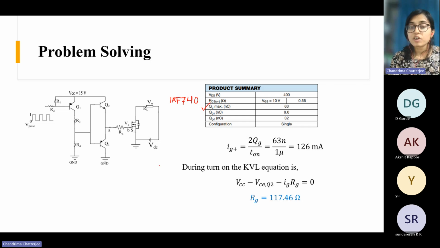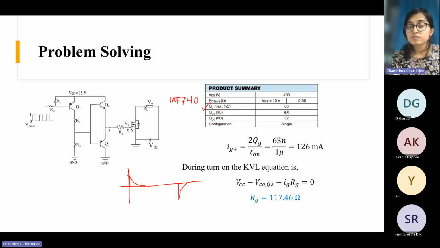When we were discussing the circuit for MOSFET gate driver, we saw that the gate current is something like this, right? This is during on and this is during off. Exponential decay due to RC charging circuit. This is R and here there will be C.